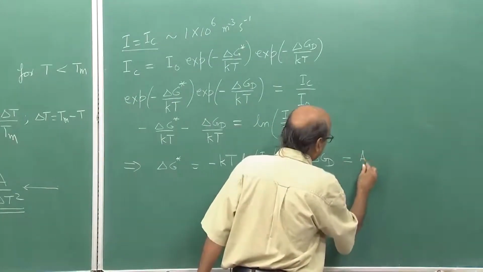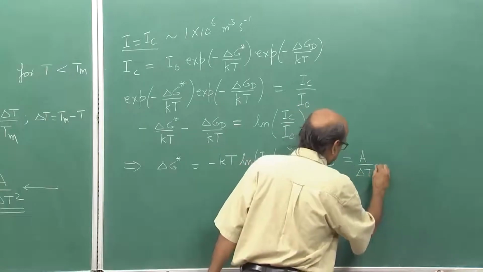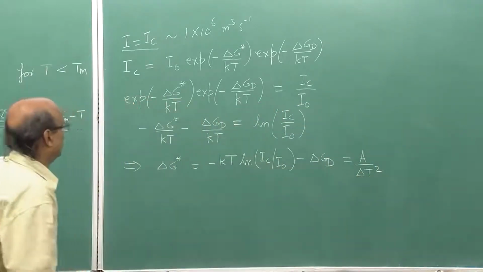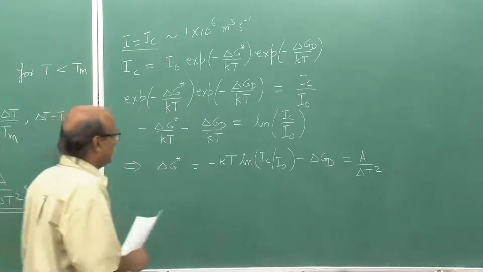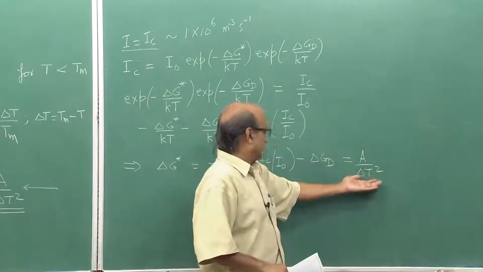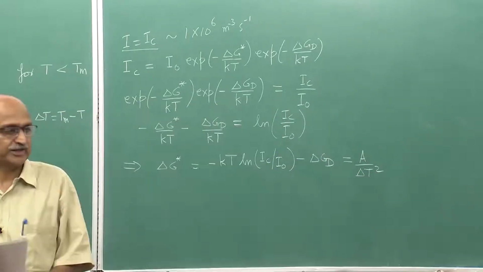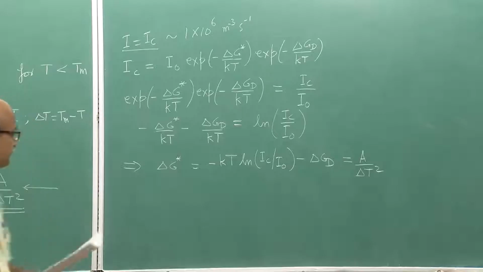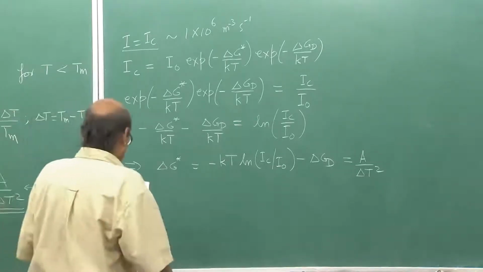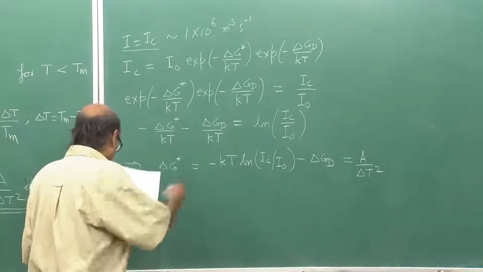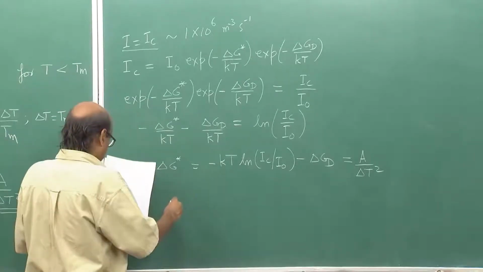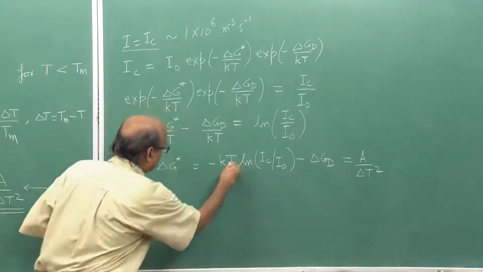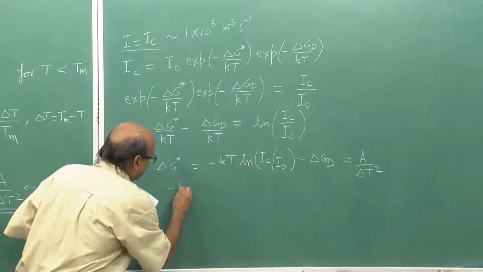So, this I can put as A upon delta T square. Now I should be able to set up a relationship for the undercooling that is required to obtain a particular critical nucleation rate. So, let me do a little bit more rearrangement here.